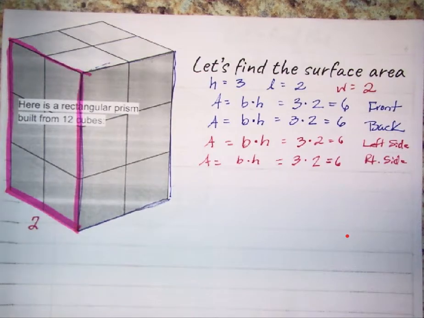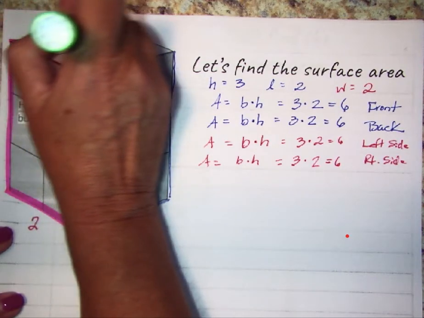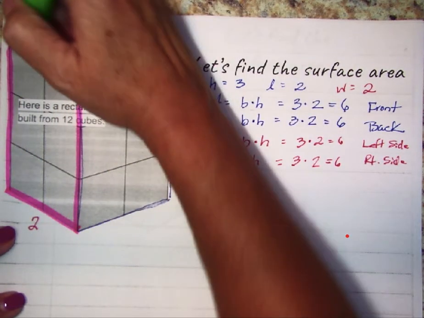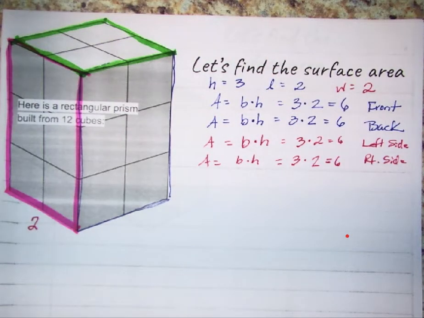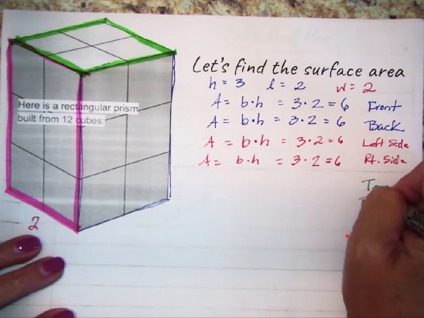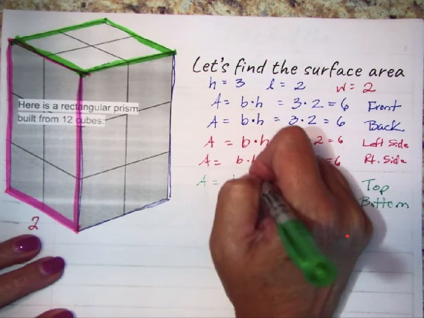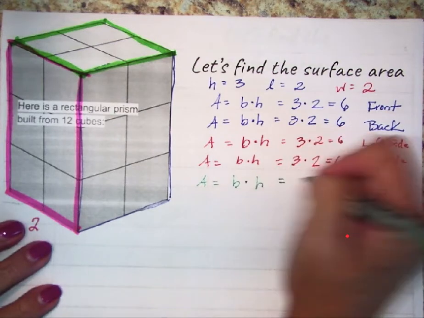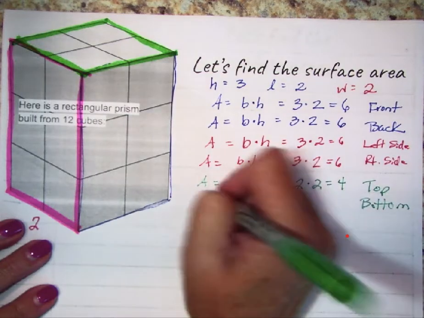Okay, so now let's look at the top. We already know all of our dimensions, don't we? What's going to have the same area as the top? Well, of course, the bottom. Again, our same formula: base times height. This time it's 2 and 2, which is 4.